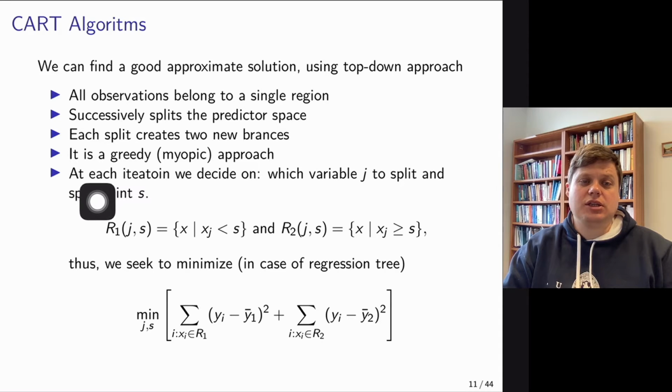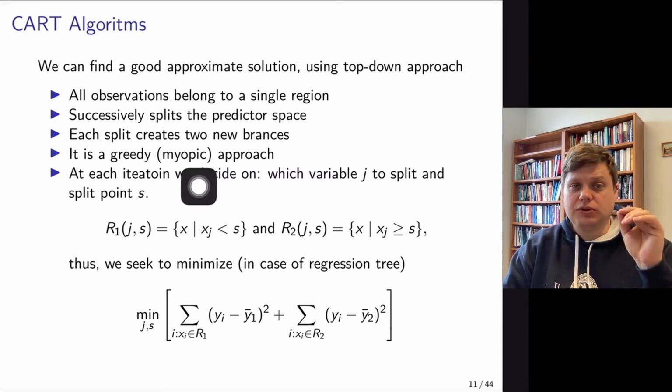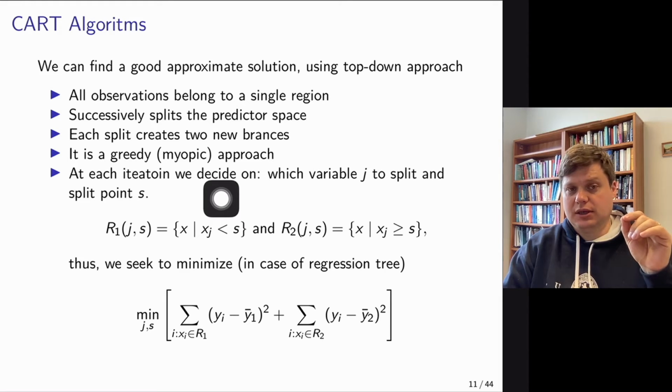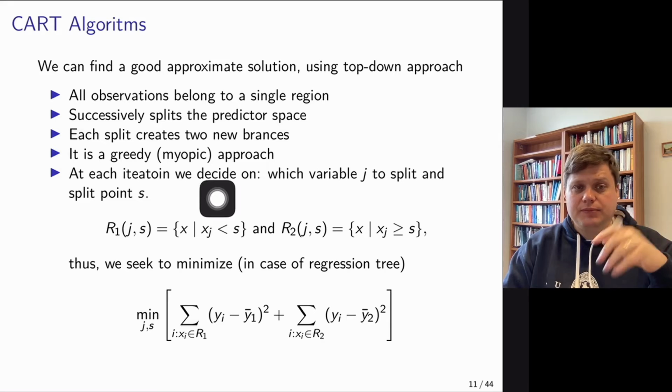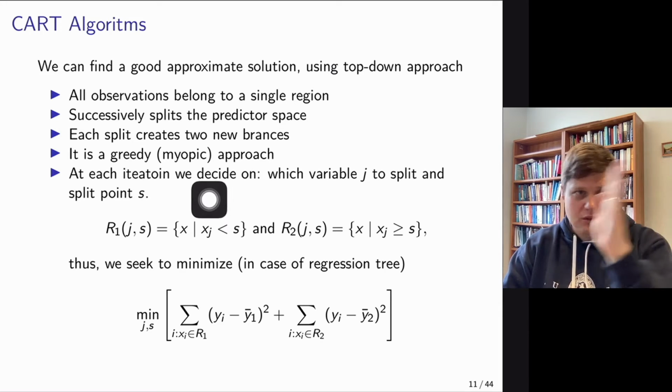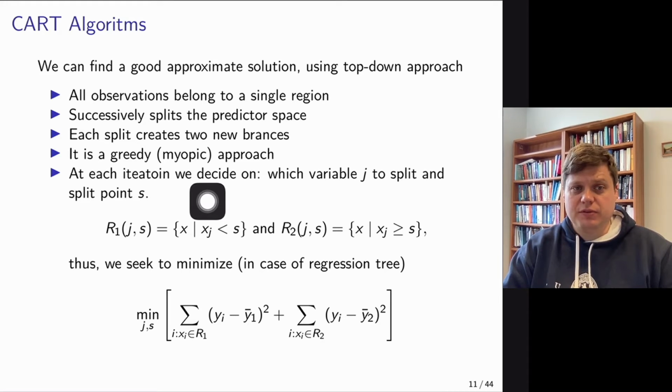At each iteration, we decide on two things: which variable j to split and the split point s. If you have a p-dimensional input, you have p variables to choose from, and then you have to decide at which point in the range of this input variable to perform the split.